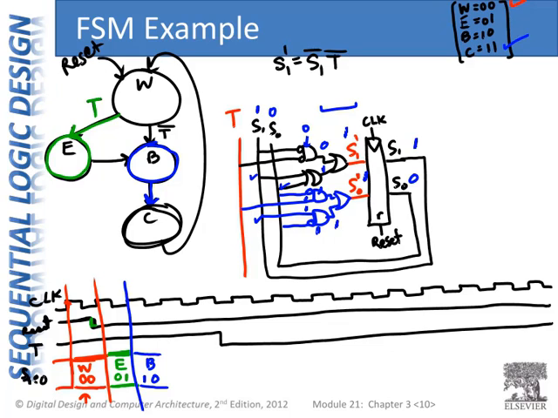In fact, we get a 1 on our S0 prime. So our next state transitions at the clock edge, this next state becomes our current state, and our current state becomes 1, 1, which is the class state.